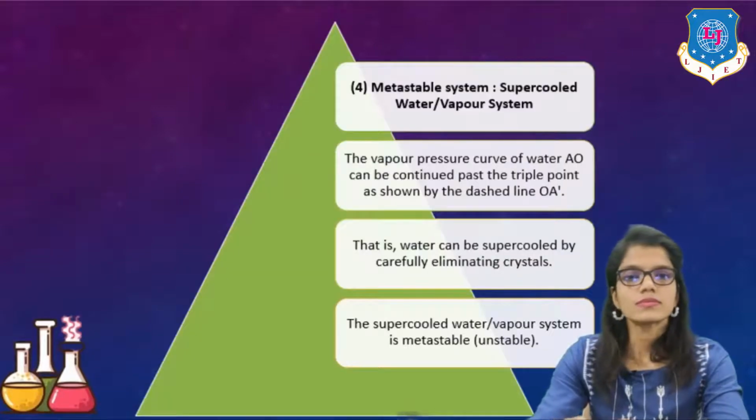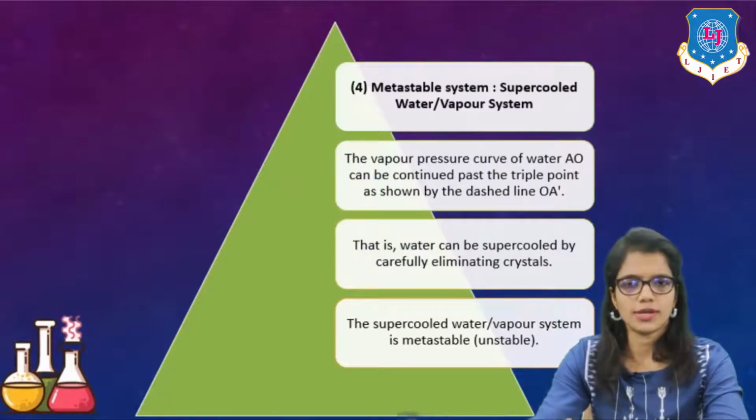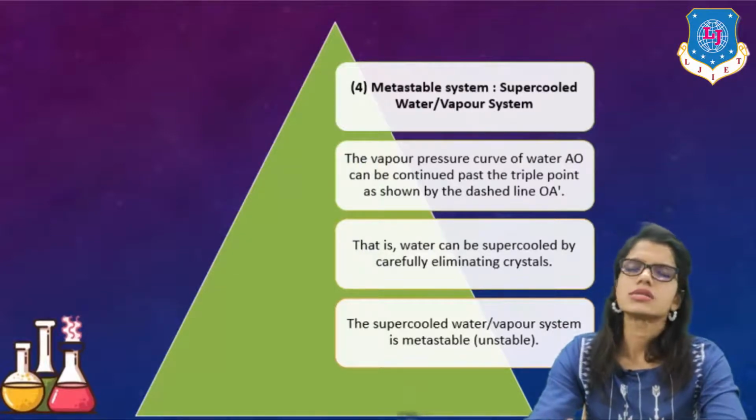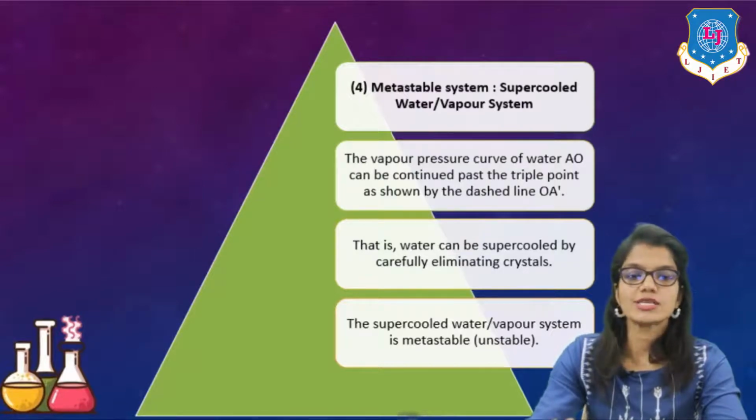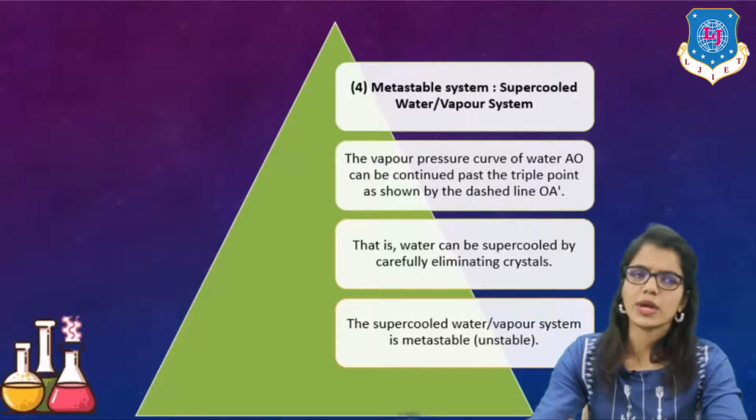Now, let's move on to the next point. It is basically a metastable system. A metastable system is also known as a supercooled system. I should say a supercooled water or vapor system, right?